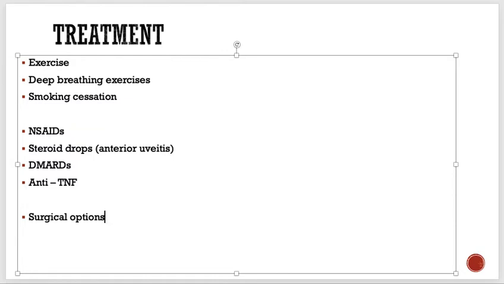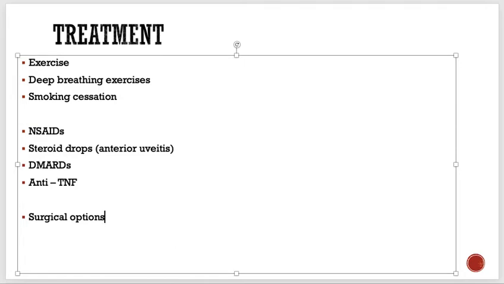And by the way, many of these patients get hip joint involvement very commonly. So many of these patients also need a hip replacement, a surgical option. So this is how this condition presents.